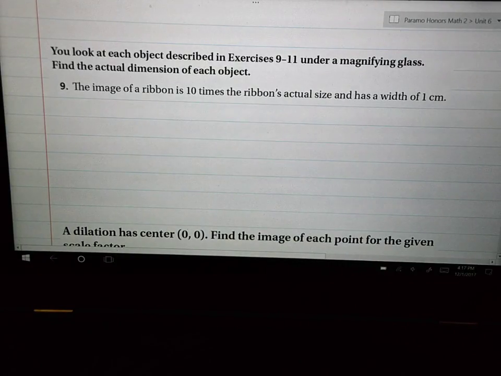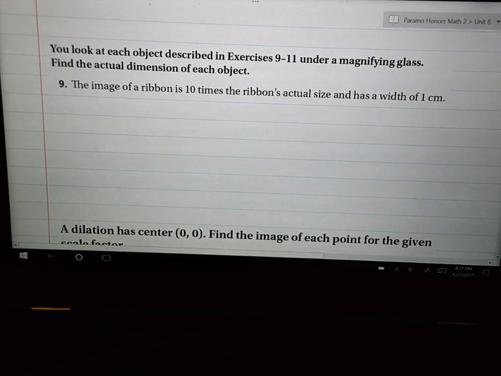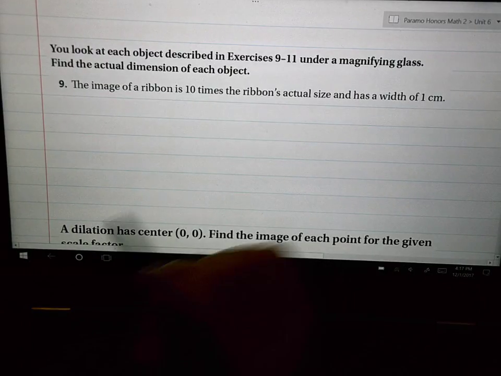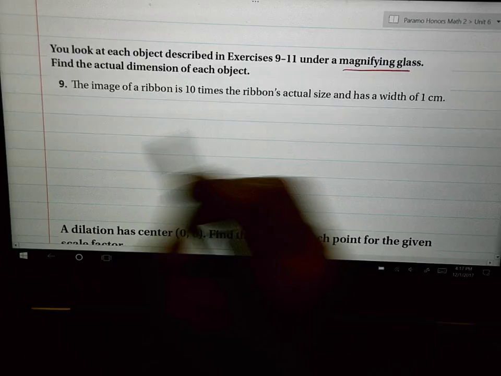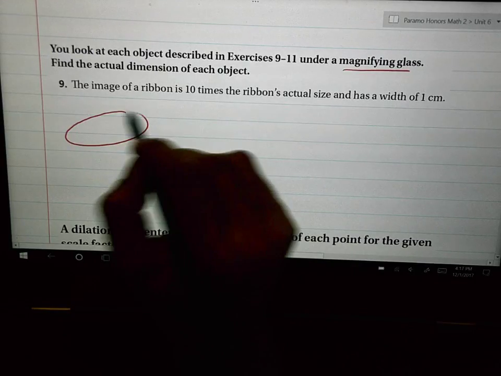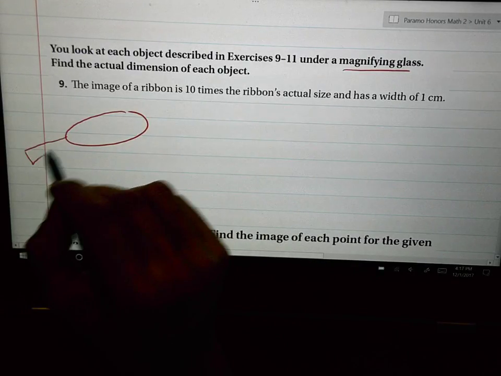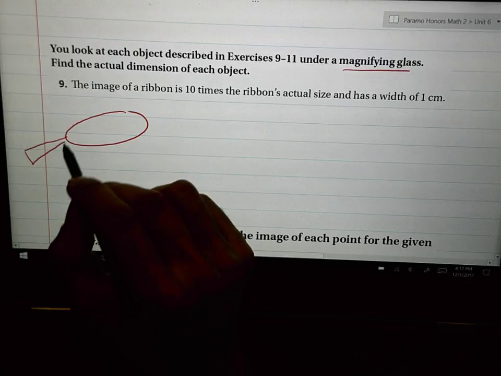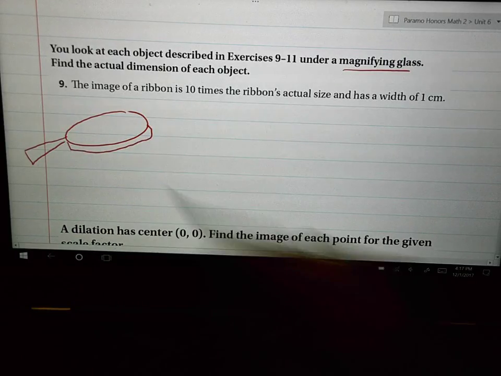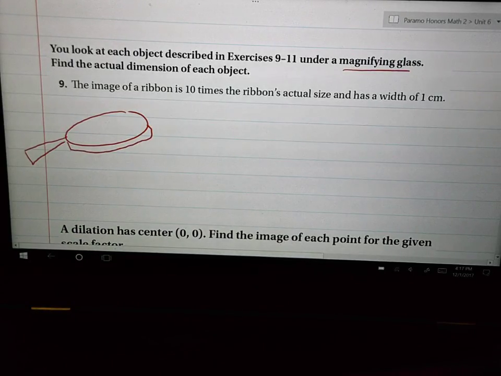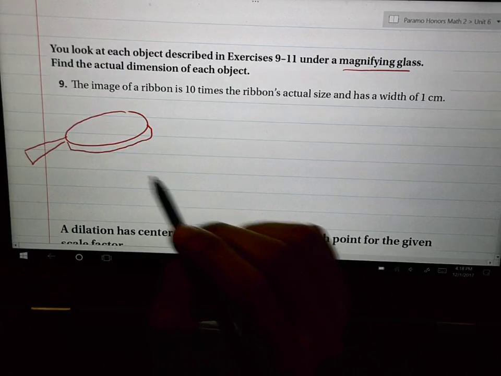I was totally confused when I looked at your worksheet. I needed to kind of have a bit of a picture. Okay? You're looking underneath the magnifying glass. That's my best magnifying glass right there, okay? And then you see a ribbon.